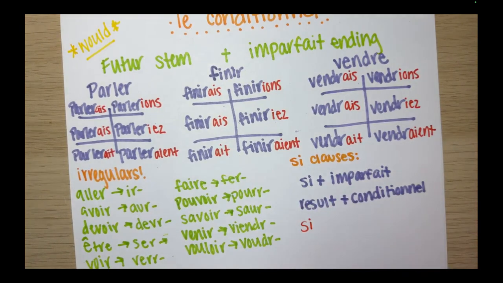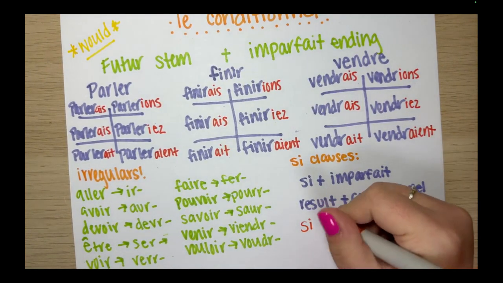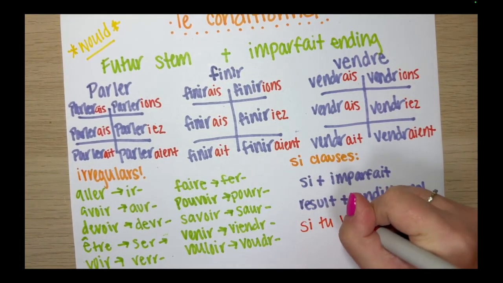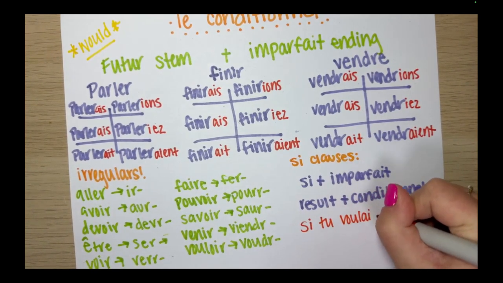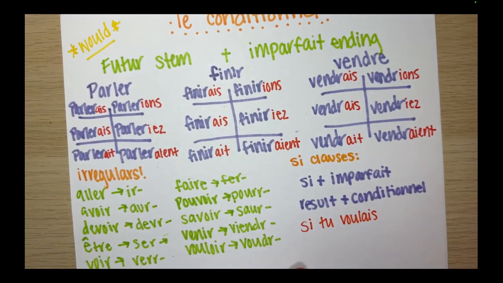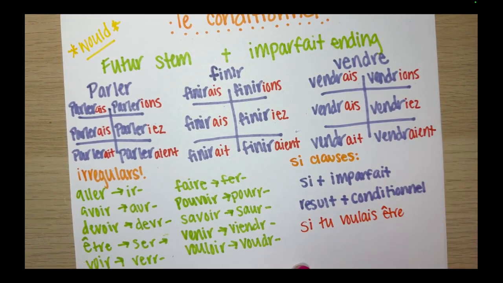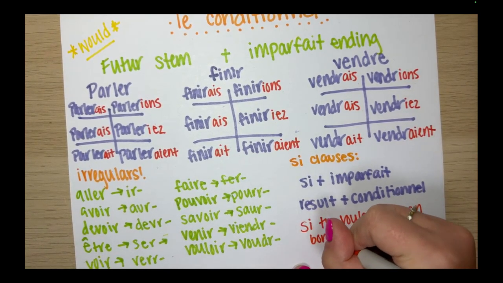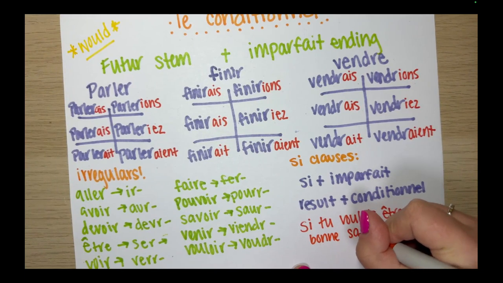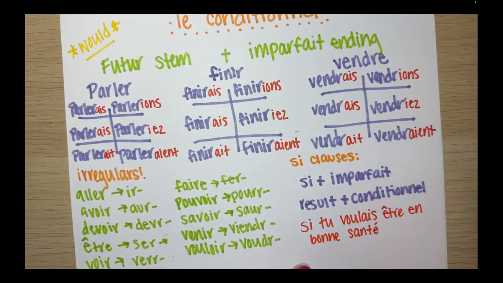Si, if, tu voulais, if you want, être en bonne santé, because we're talking about a health unit. Si tu voulais être en bonne santé, I'm going to change colors so you can see the difference in the clauses.